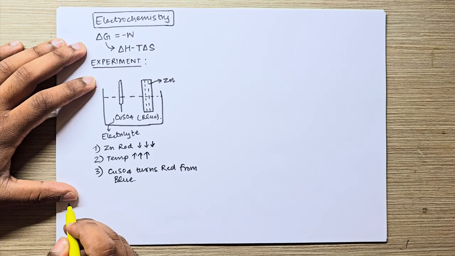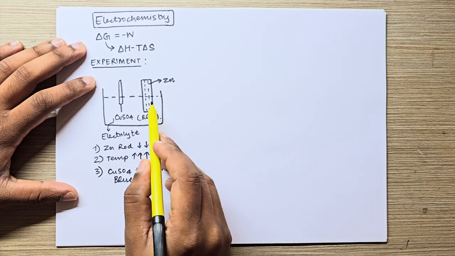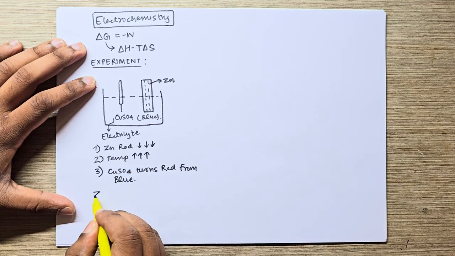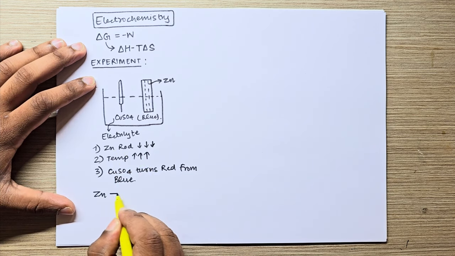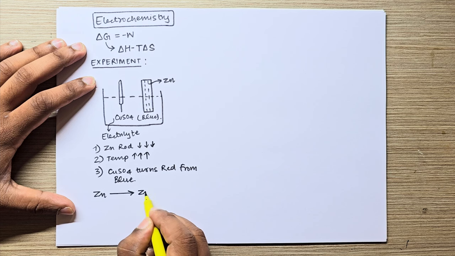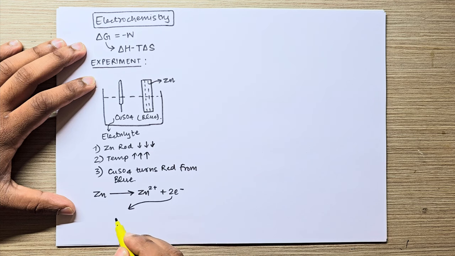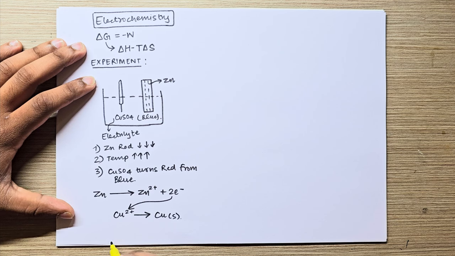We should understand why this zinc becomes thin. The zinc gets converted into zinc ions and loses its electrons. These electrons are accepted by the copper ions already present in the solution, which get converted into copper.